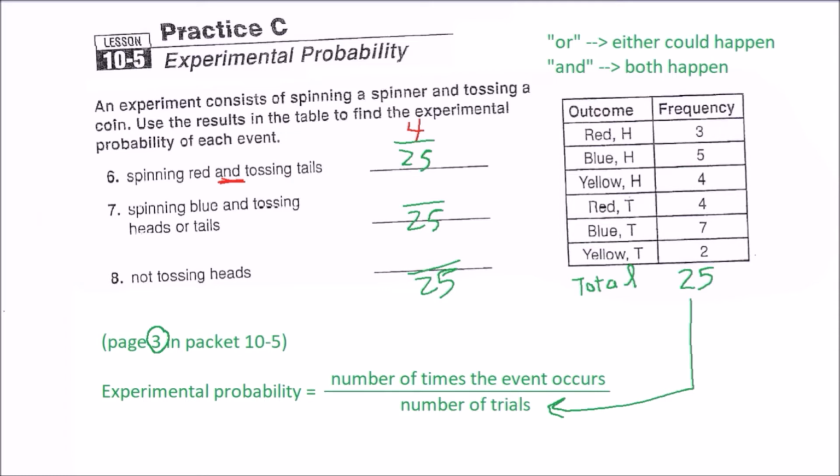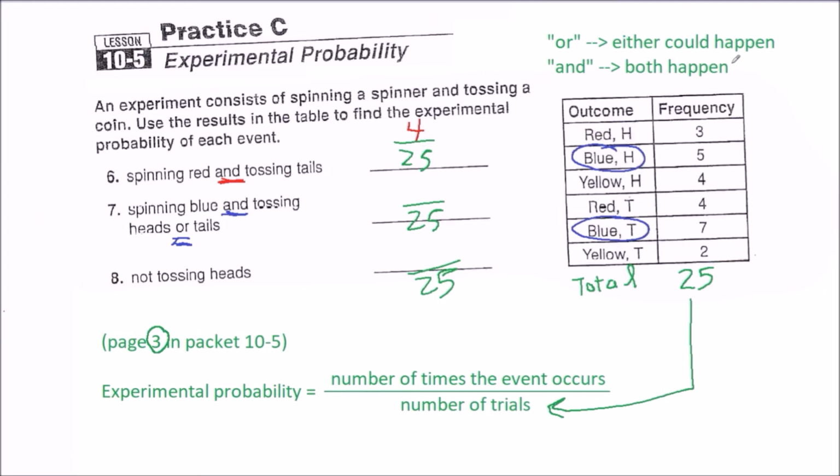Okay, so looking here at the next problem, we're spinning blue and tossing heads or tails. So this one's a little tricky because they're throwing both of these words at us here. We want blue, but it could be blue and heads, or it could be blue and tails. So either one of those outcomes, it has to be blue, but then heads or tails, I don't care if it's heads or tails.